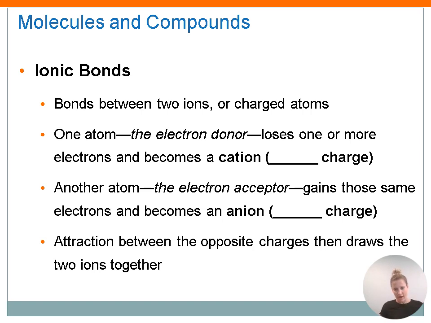Opposites attract, not just in dating, in chemistry as well. So positive charge and negative charge, they're held together exactly like a magnet. That's what magnets are. We pull all the electrons to one side so that there's a positive pull and a negative pull. So opposites attract. Now those 2 atoms are held together with an ionic bond.